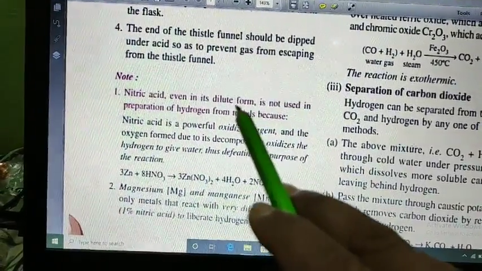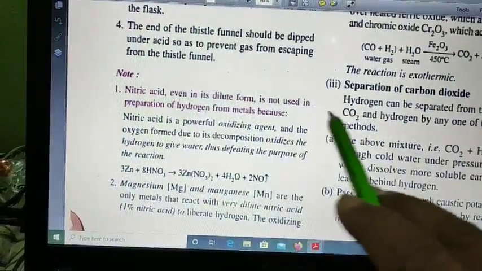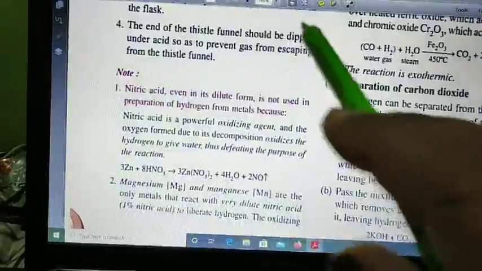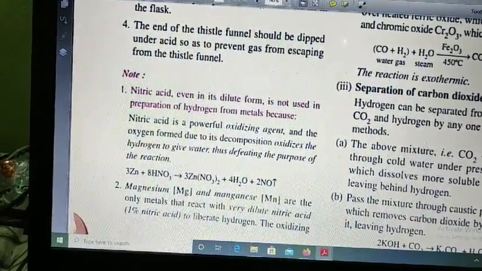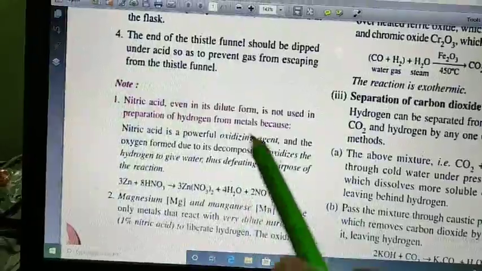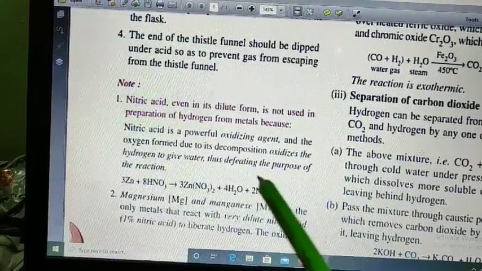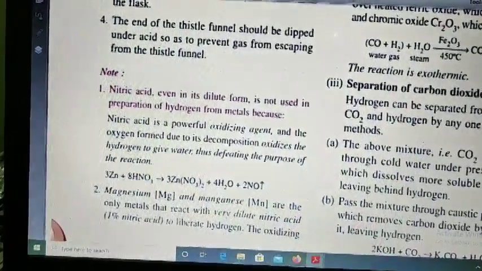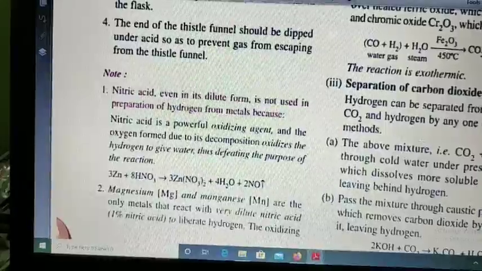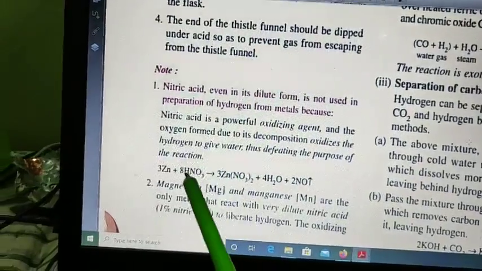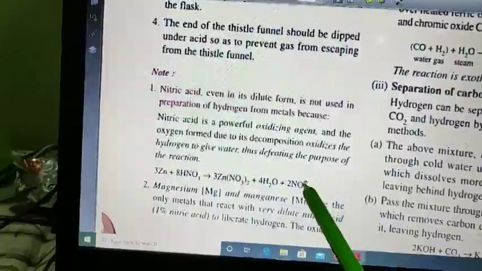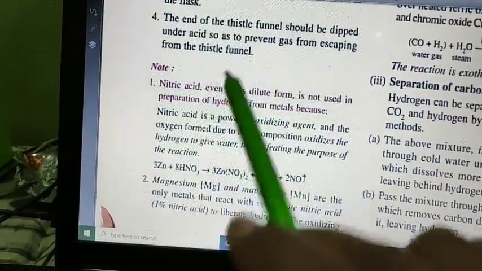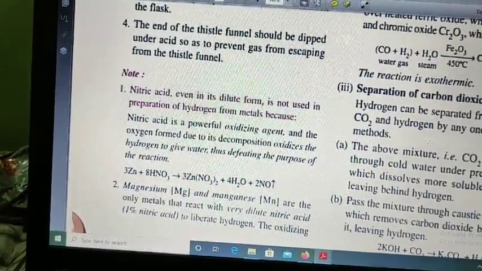Nitric acid, even in its dilute form, is not used in the preparation of hydrogen from metals, because it is a powerful oxidizing agent, and the oxygen formed due to its decomposition oxidizes the hydrogen to give water, thus defeating the purpose of the reaction. So when zinc reacts with nitric acid, it will form zinc nitrate, water and nitric oxide. There is no production of hydrogen gas.